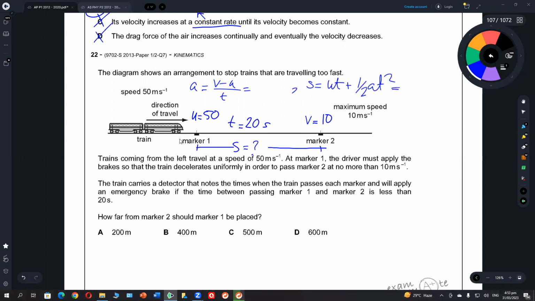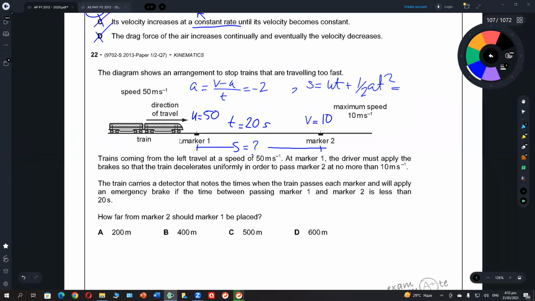So we can do it in 2 steps. The acceleration is coming as -2.